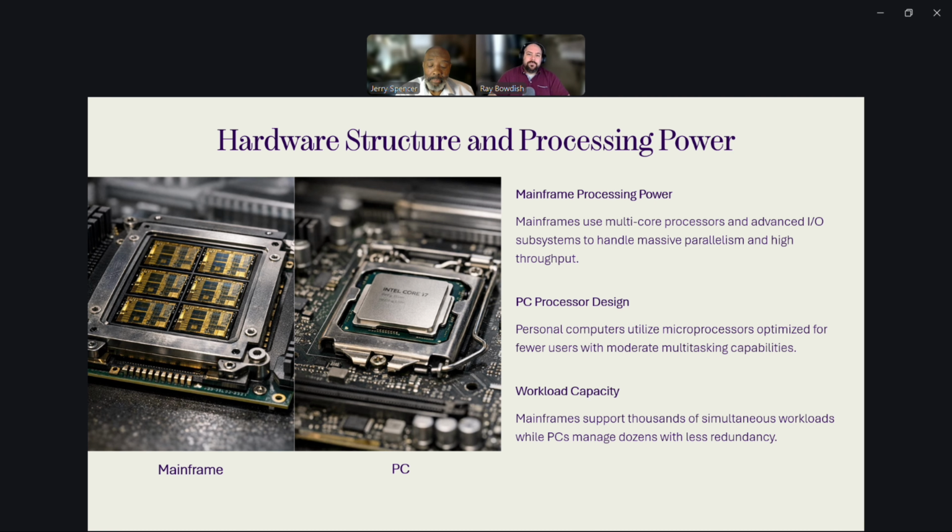The mainframe is looking more at your transactional capacity, so it has to do a lot of very quick calculations, very quick processing, whereas your regular computer is generally going to be regular compute processing. You write your Word documents, you make your spreadsheets, you play your games.